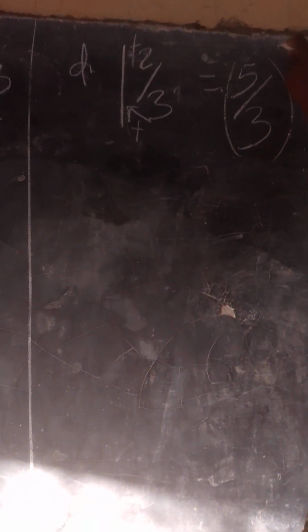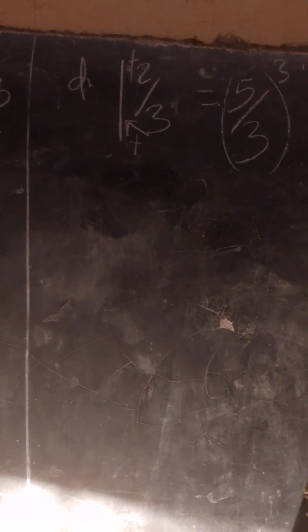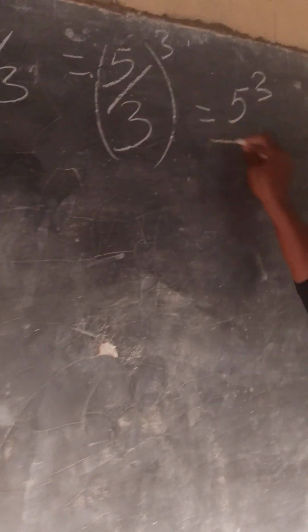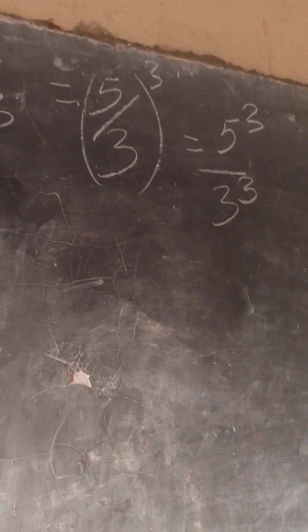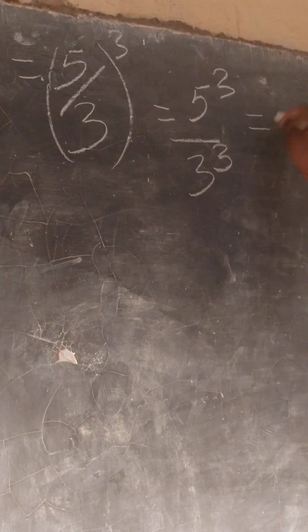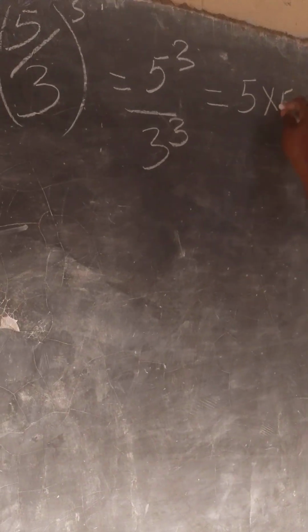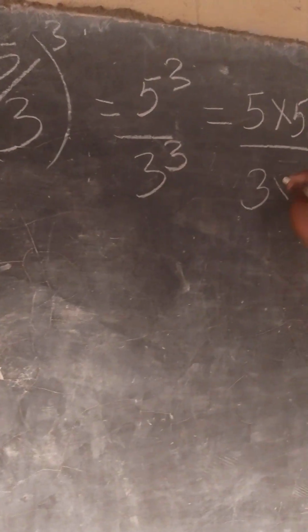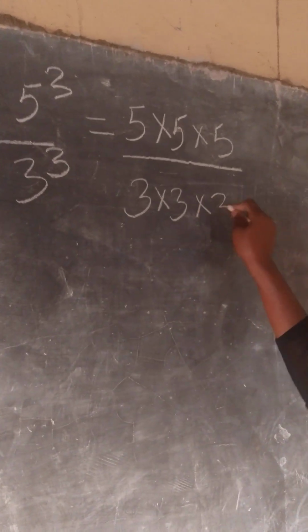And then we take the cube of that. This is the same as 5 cubed over 3 cubed, which is the same as 5 times 5 times 5 over 3 times 3 times 3.